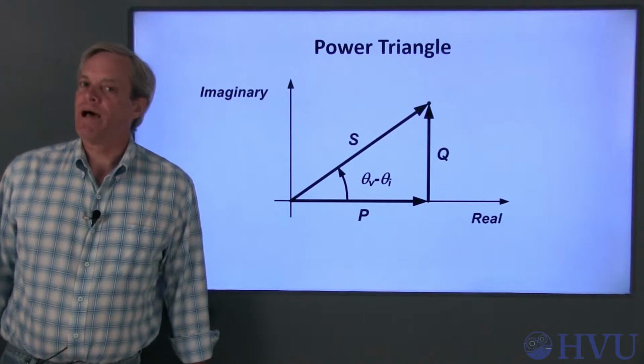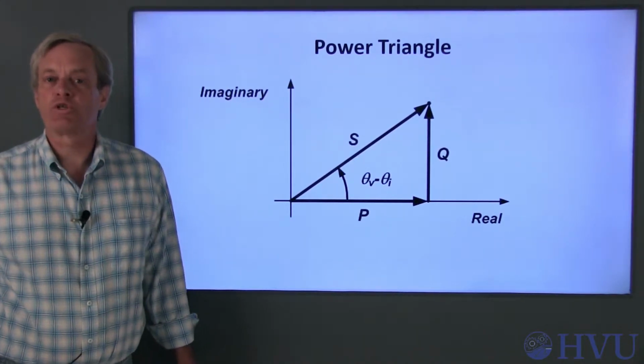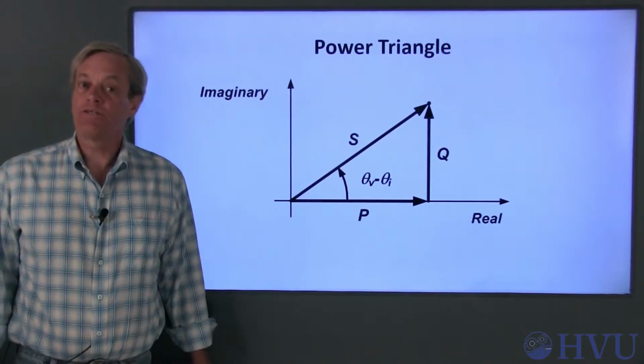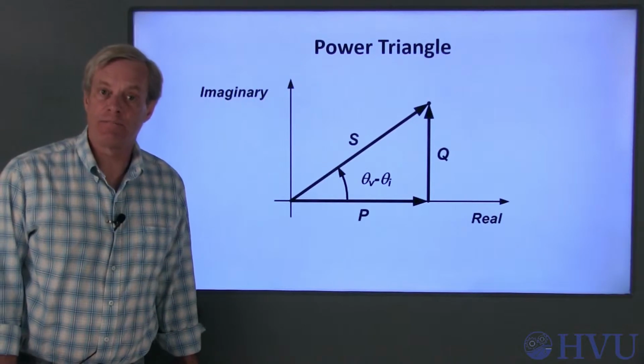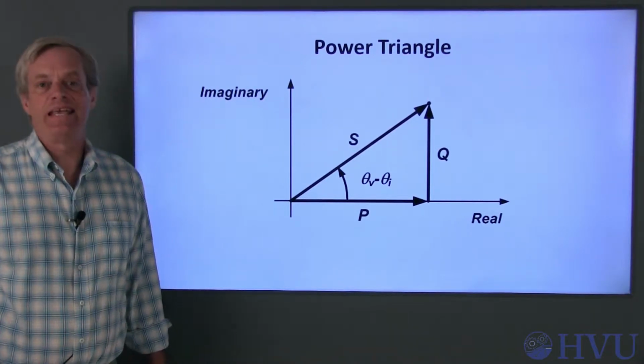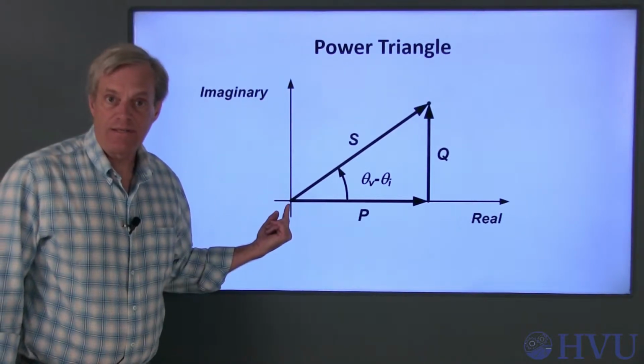The various types of power are often represented graphically as what is called a power triangle. Since the complex, real, and reactive power are all now considered to be complex numbers, the power triangle is indicated in the complex plane, with both real and imaginary axes.